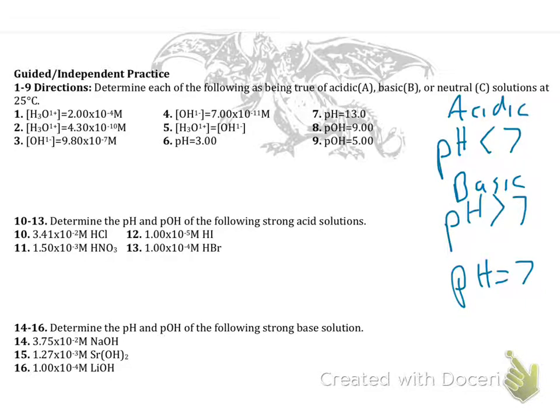So let's go ahead and talk about number 1 here. We're given a hydrogen ion concentration of 2 times 10 to the negative 4. And we can use our equation, negative log of the hydrogen ion concentration is equal to pH, to figure out what the pH is. So all we need to do is take this value and plug it into that equation. Let me go ahead and show you how you will type that in on the calculator.